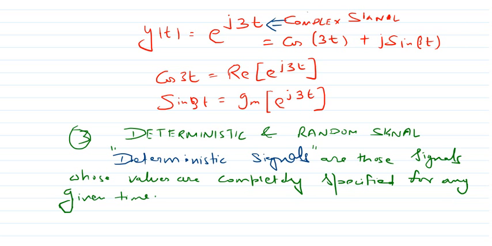Thus a deterministic signal can be modeled by a known function of time t.